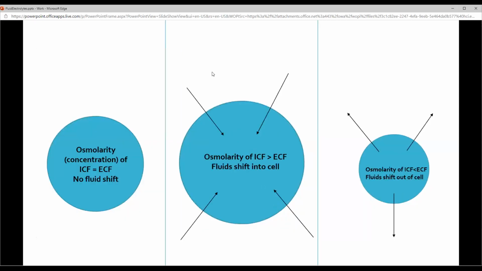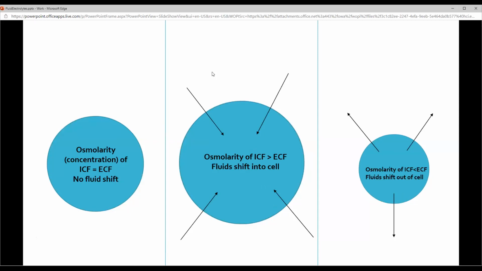Here's again a picture of what's going on, right? Osmolarity. The first picture is isotonic. What's happening with an isotonic solution? The ball is the cell, and this is just your extracellular fluid. So there's no shift, right? Here you see you have cellular edema.